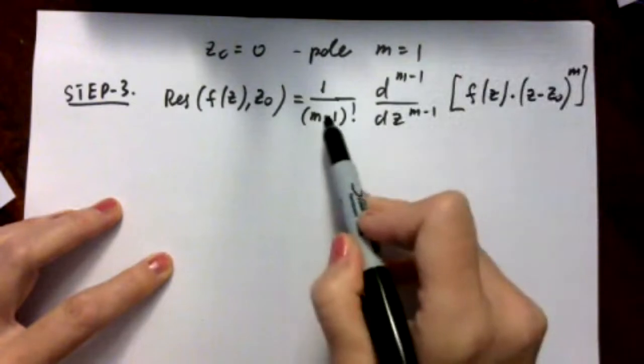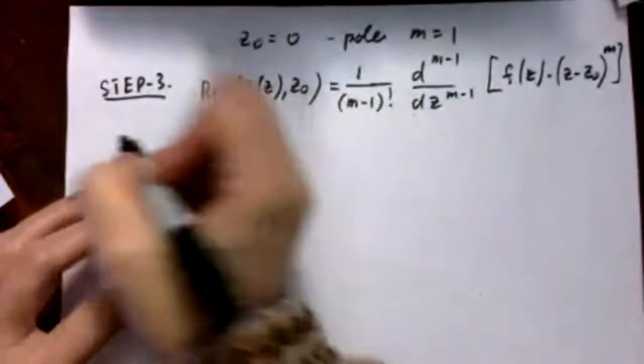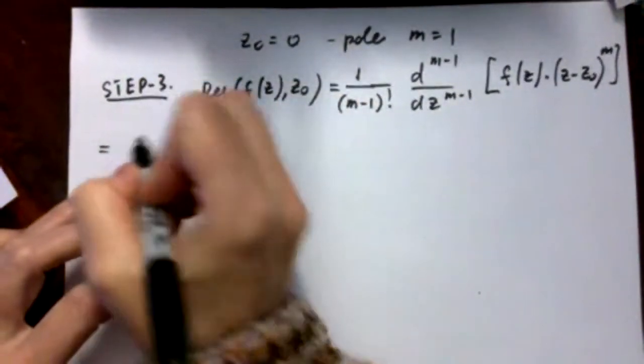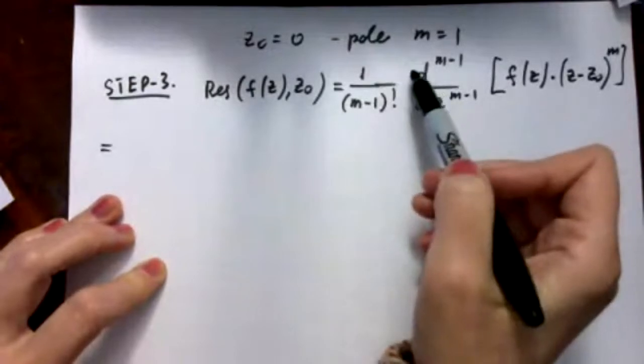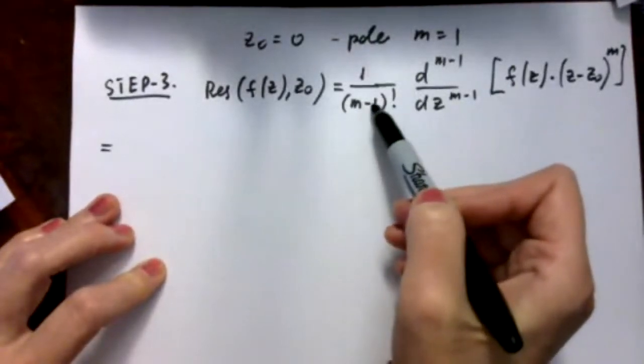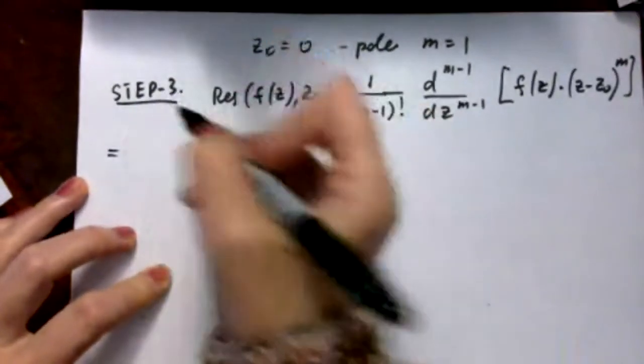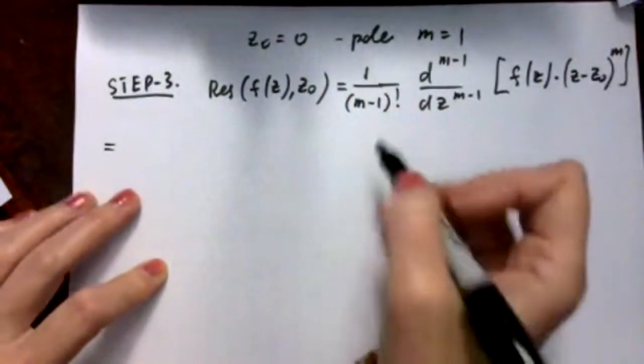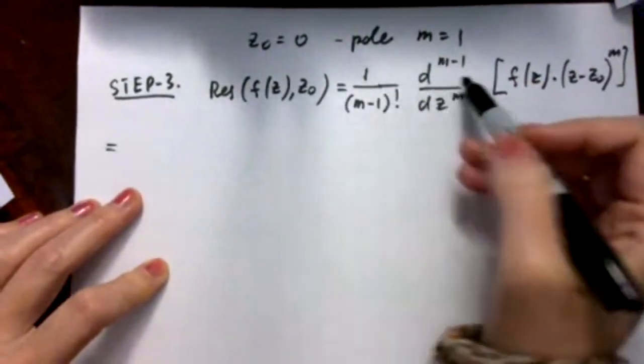That's why we determined m, because m is everywhere in this formula. In our case, m is equal to 1, right? That is why 1 minus 1 will be 0 factorial, and you know 0 factorial does make sense. It's just equal to 1.